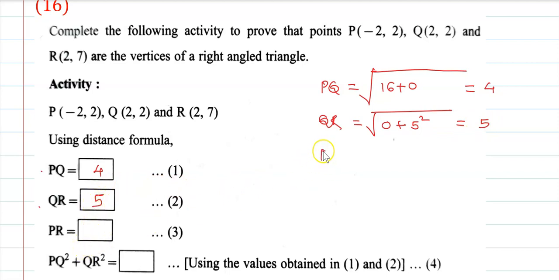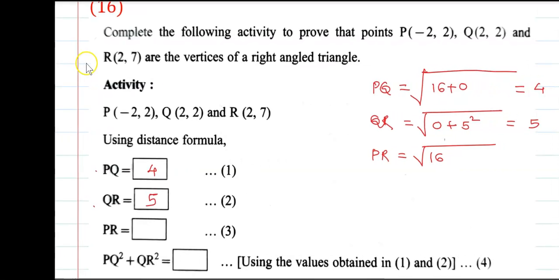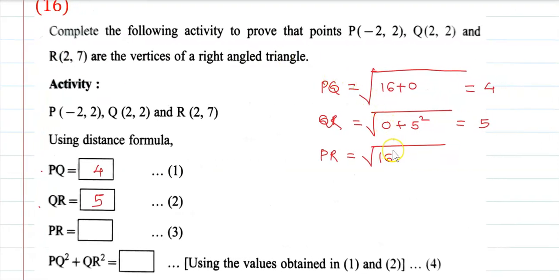Now the PR. PR is equals to, that is 2 minus in bracket -2, that is 2 plus 2 किती होणार? ते 4. 4 square means what? 16. Next, 7 minus 2. 7 minus 2 means what? 5.